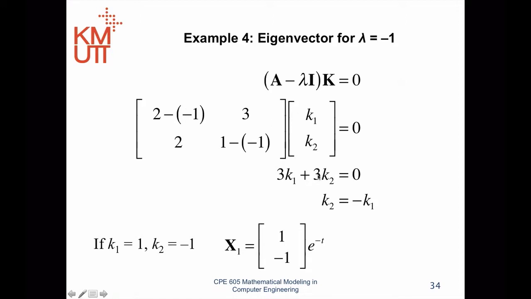So multiplying this, we have 3k1 plus 3k2 equals 0. That is k2 equals minus k1. So if we let k1 equal 1, then k2 would equal minus 1. Then we have the x1, which is the eigenvector, and e to the eigenvalue minus 1, so e to the minus t.